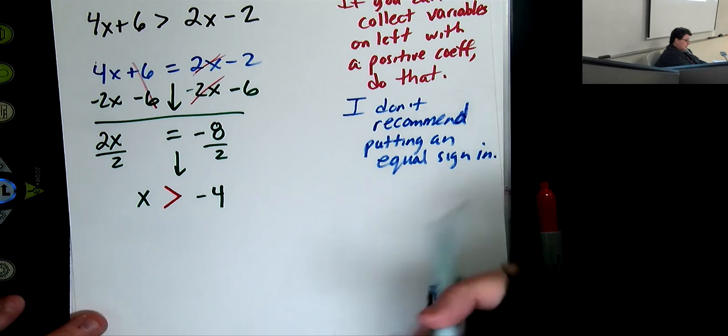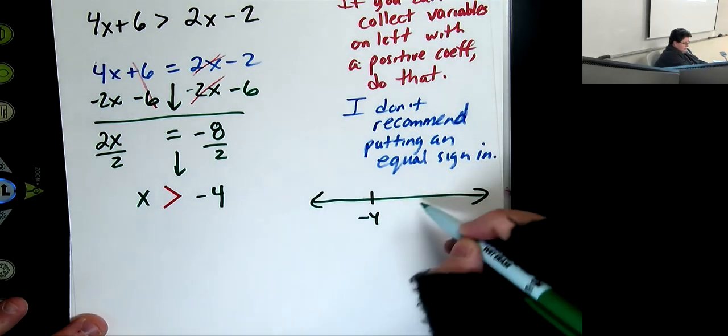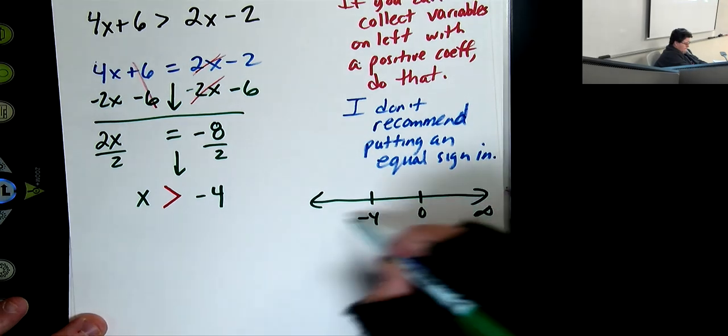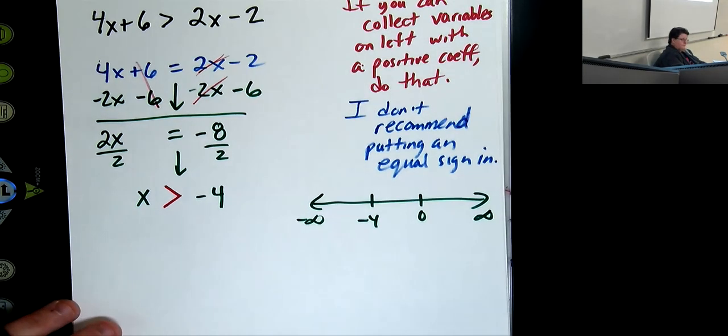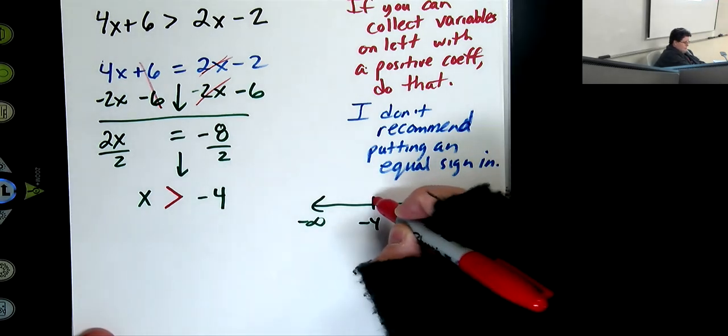If I do this on the number line, negative 4 is my target.